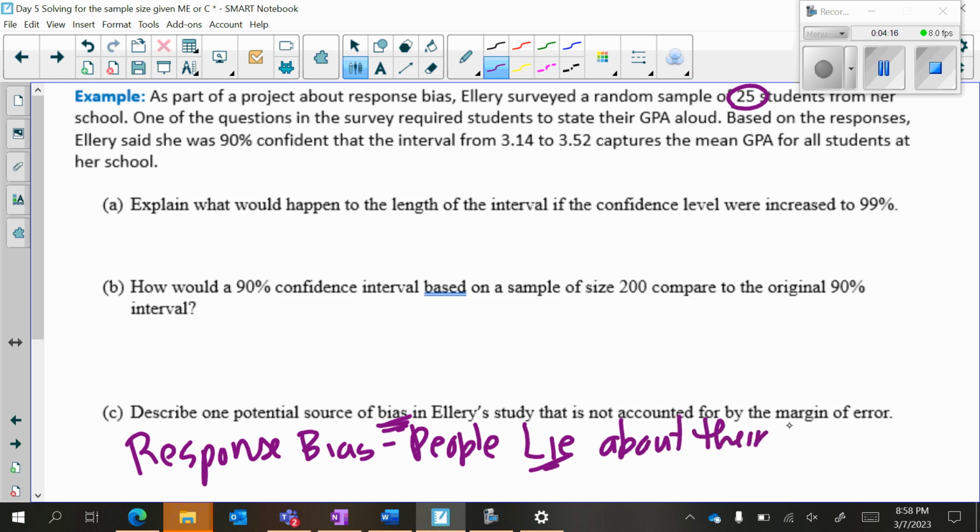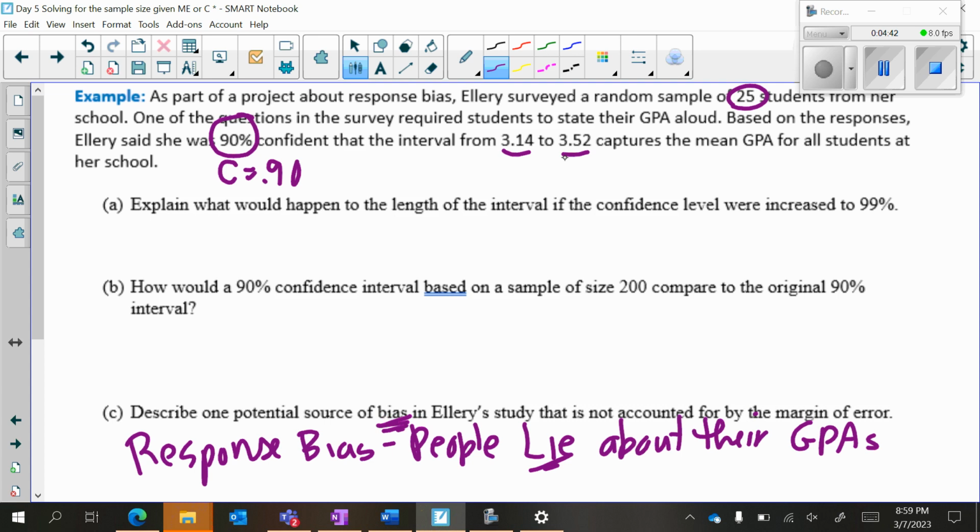In fact, they're probably going to report GPAs that are a lot higher than they really are. Based on the responses, Ellery said she was 90% confident, so that's her confidence level, and she got an interval of 3.14 to 3.52. When you go to college, the GPA scale goes up to 4, so 3.14 to 3.52 is pretty good. That's basically saying people lie.